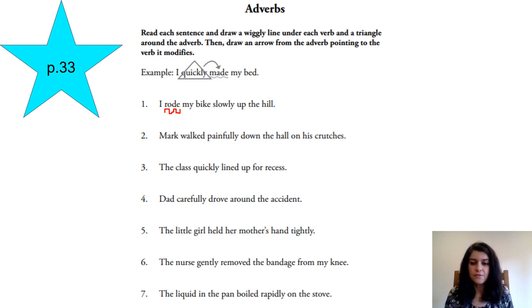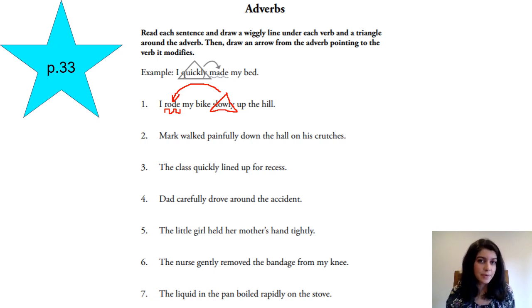And then ask yourself the question, how did I ride my bike? Good, I rode my bike slowly. Slowly is my adverb, so I'm going to put a triangle around slowly. And then I need to draw my arrow going from my adverb over to my verb. That's it. I'm done. Go ahead and complete number 2 through 7 by yourself.